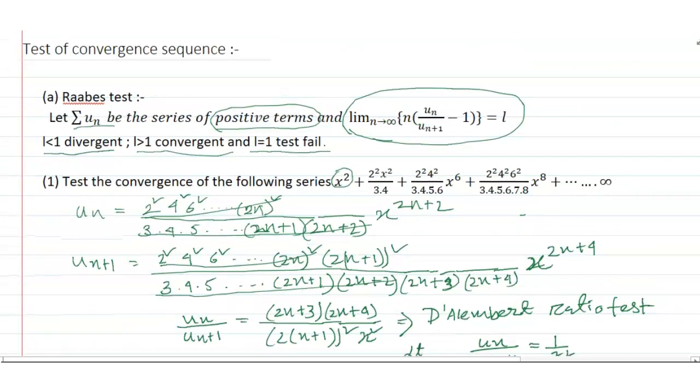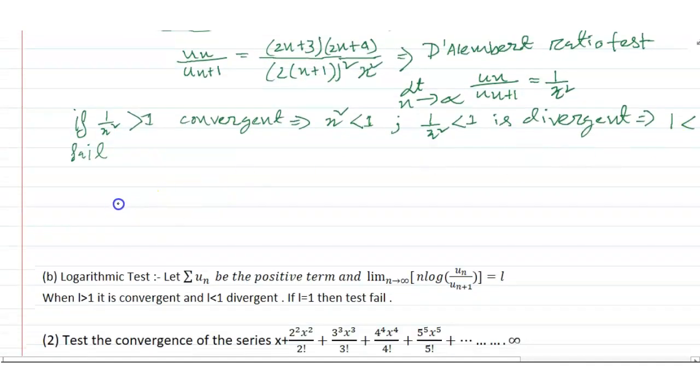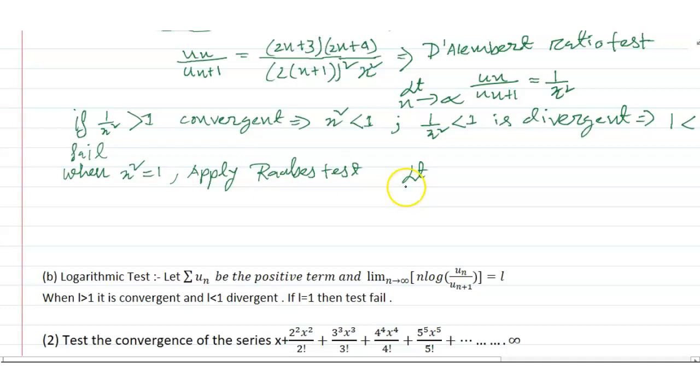So friends, which formula can we apply? We can apply Raabe's test. So how can we solve this? When x squared is equal to 1, apply Raabe's test. Raabe's test is the limit as n tends to infinity of n times (Un divided by Un plus 1 minus 1).